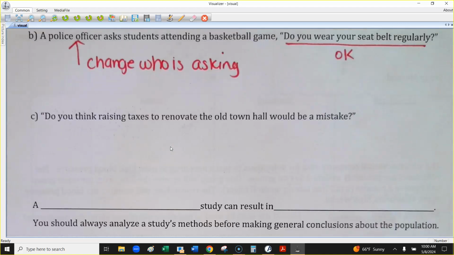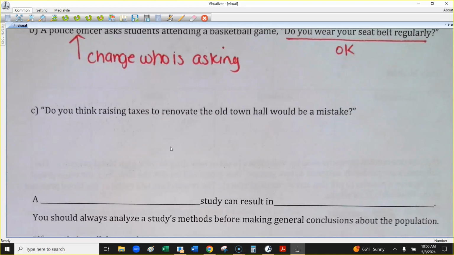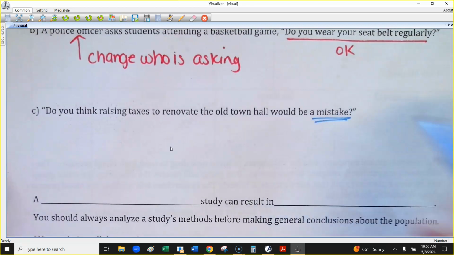All right, and I've got one more. It says, do you think raising taxes to renovate the old town hall would be a mistake? Is this a good way to ask that question? I feel the word mistake is implying you think it's not a good idea, right? Is there anything else you might remove? Jake, what do you think?